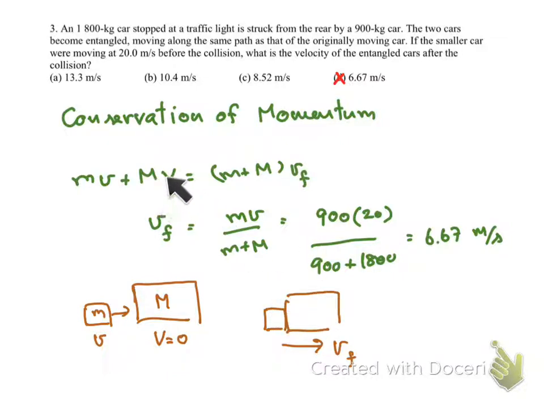Putting in V, this capital V is 0, and the numerical value of the initial velocity of the small car, and rearranging this equation, we have Vf is equal to mv over m plus capital M. Putting in the numerical values of the parameters, we get Vf equal to 6.67 meters per second. This is the answer.